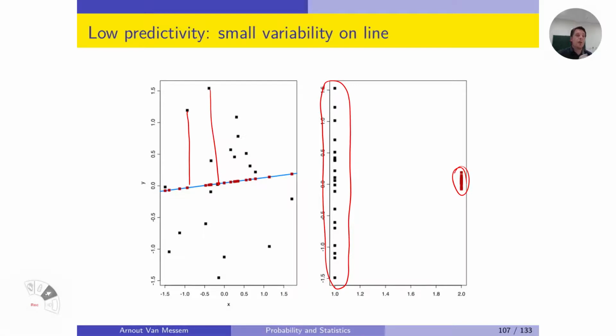So the variability of the regression line is very small with respect to the variability of the points around the line. So low predictivity means that the red dots are grouped closer together, or basically here the y hat minus y bar are close together with respect, or if we compare them to the difference between the prediction and the observation.